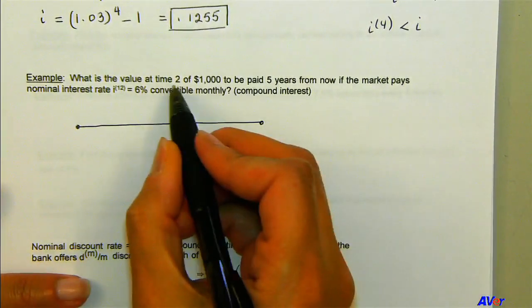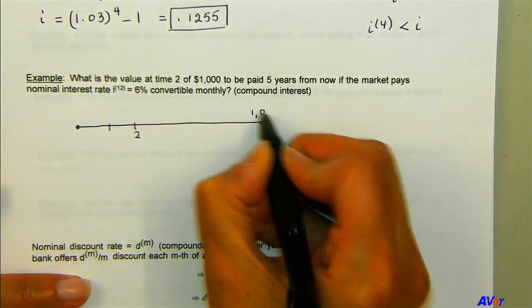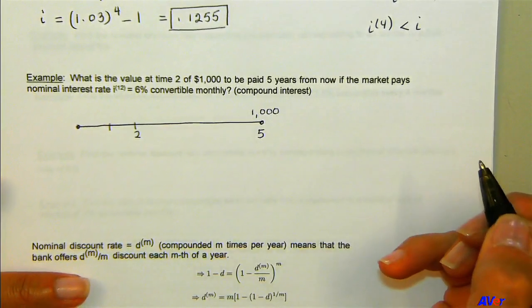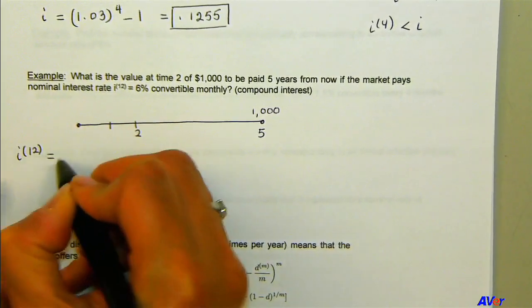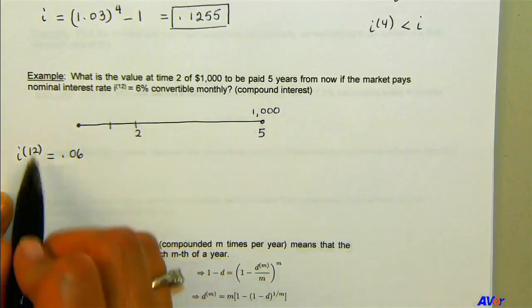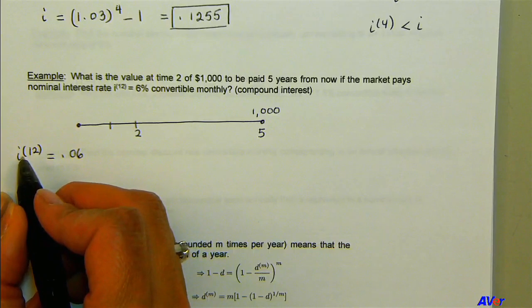What is the value at time 2 of 1,000 to be paid 5 years from now if the market pays i^(12) equal to 0.06, convertible monthly, right? This tells me that it's monthly because of the number 12 there, 12 times a year.